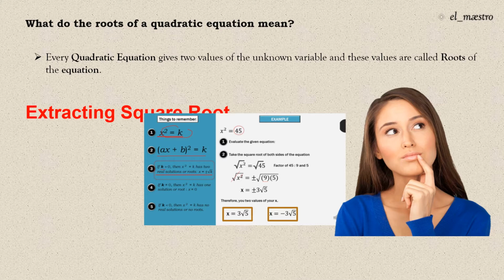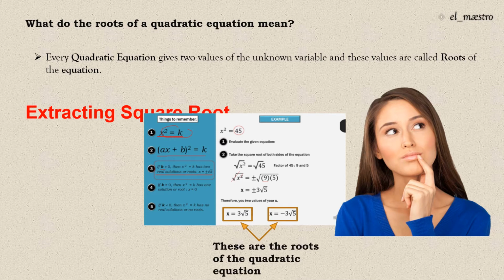If you forgot, go back to that video. After extracting the square root, those two answers are simply the roots of the quadratic equation.